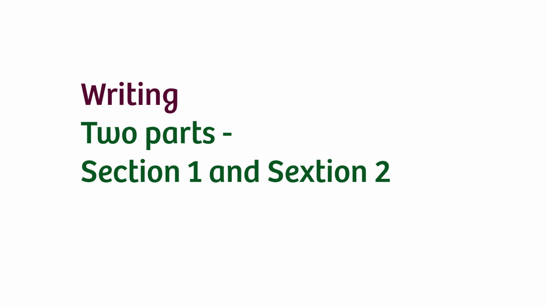If you have practiced all those types, especially section 2 of the writing paper, you must have practiced answering the section 2 or essay type question. It's not exactly an essay, maybe to discuss any issue or to contrast your ideas.